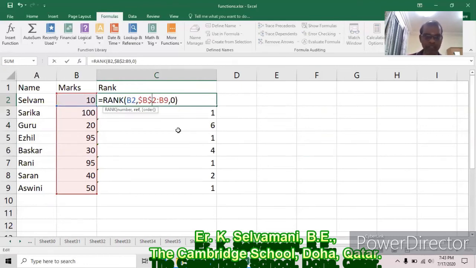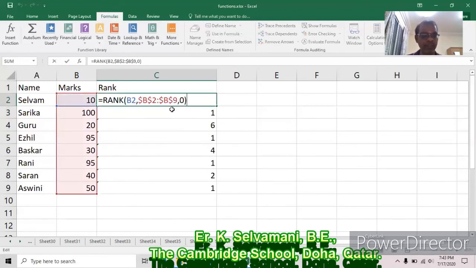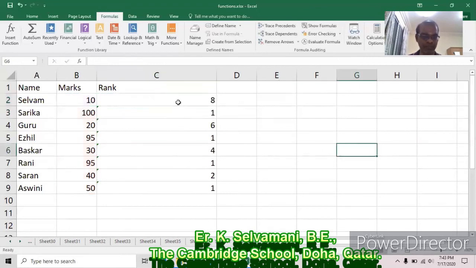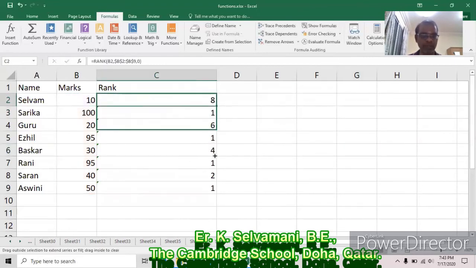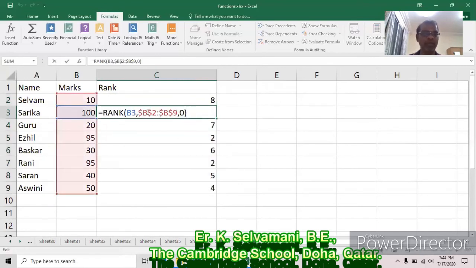This concept we already studied in the previous lesson. See it here. Since we put an absolute cell reference, B2 is a relative cell reference. When applying the autofill handle, B2 will change, whereas $B $2 colon $B $9 will not change. We'll check it out. It will not change.